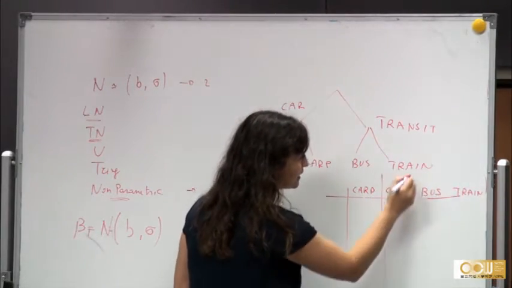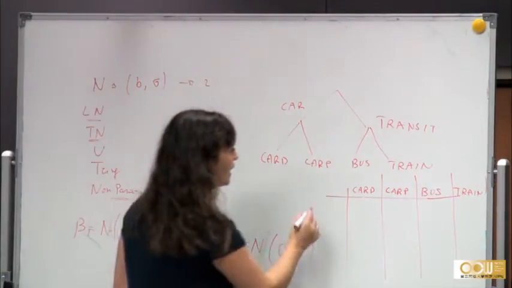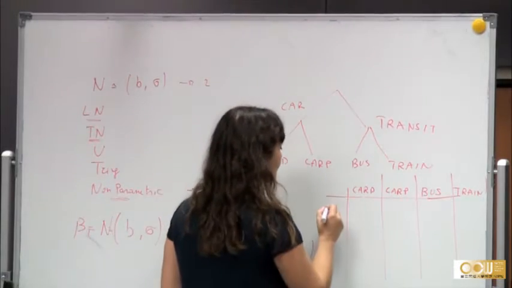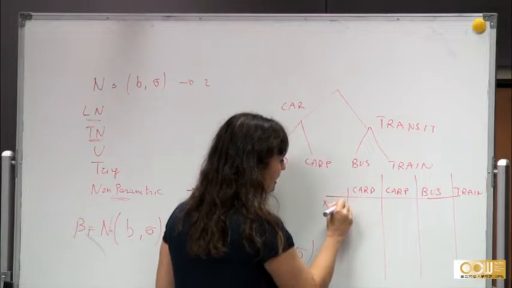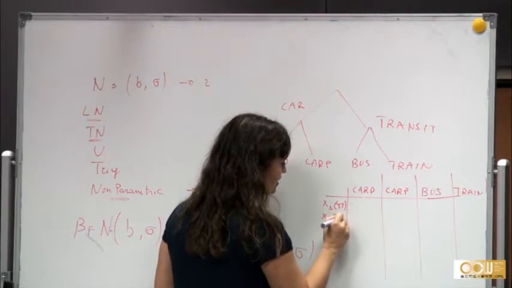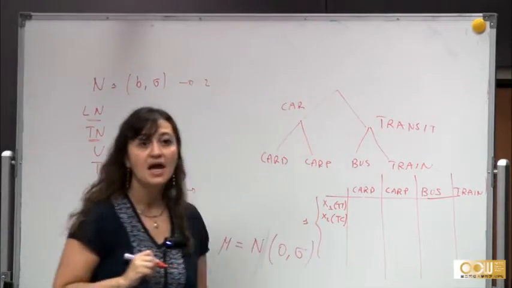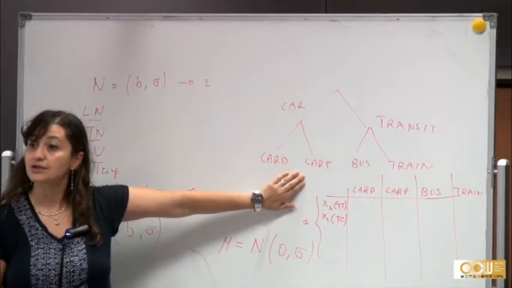So these, the columns, are the alternatives. And suppose that on the rows, you have the variables. So for example, this is x1, which is travel time. You have x2, which is travel cost. And suppose that this is the first observation. So now suppose that you want to reproduce this structure here.